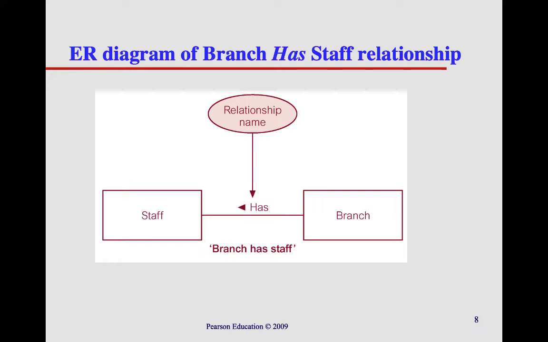But if you look at the branch relation, the branch relation does not have staff numbers in it. Therefore, we draw the arrow from branch to staff, because staff is what has the foreign key. Okay? It's also the one that has many occurrences. There are many staff per branch.